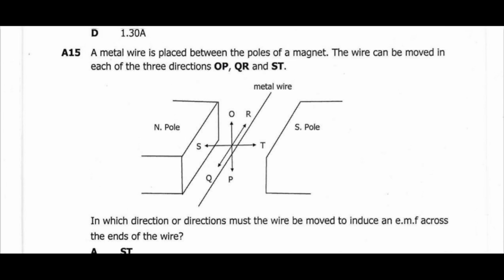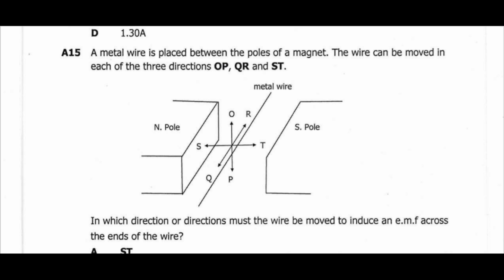Okay, so we move on to 15. A metal wire is placed between the poles of a magnet. The wire can be moved in each of the three directions, OP, QR, and ST. So in which direction or directions must the wire be moved to induce an EMF across the ends?